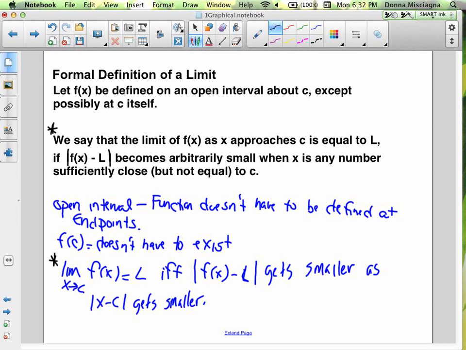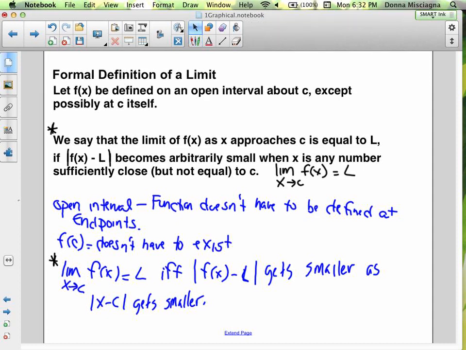The limit of f of x as x approaches c is L. Right? So if we take the difference between the value of our function at some point and the limit, if that gets smaller and smaller as we get closer and closer to whatever x is supposed to be approaching, whatever c is. All right, so you have this in your notes.